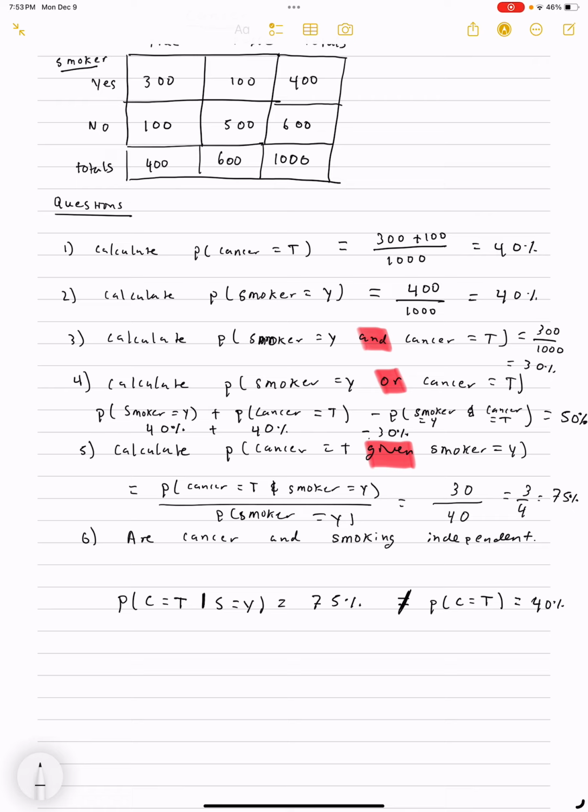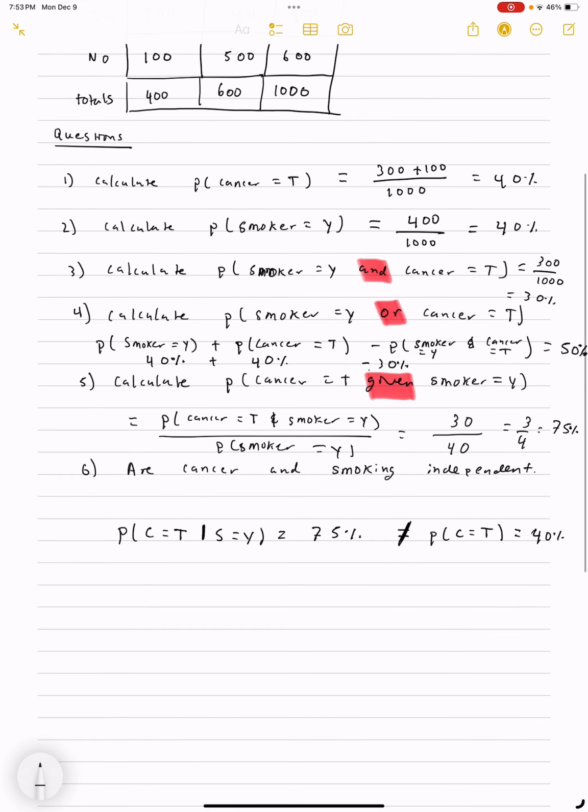And this says that if your status of being in the group of smoker changes to yes, your probability of having cancer being true changes to 75% compared to the general population of 40%. Okay, so the answer is no.